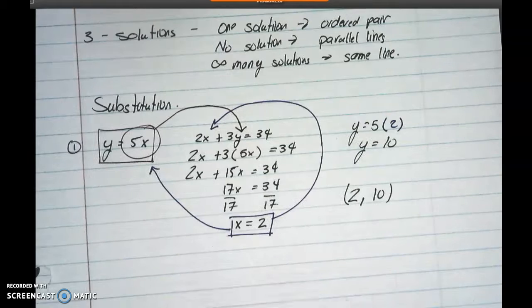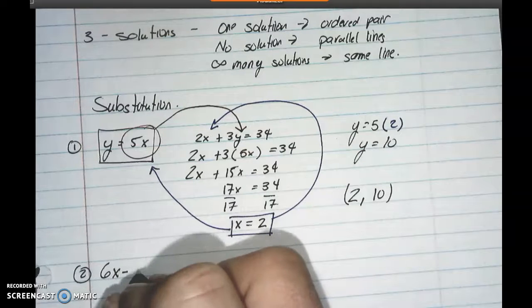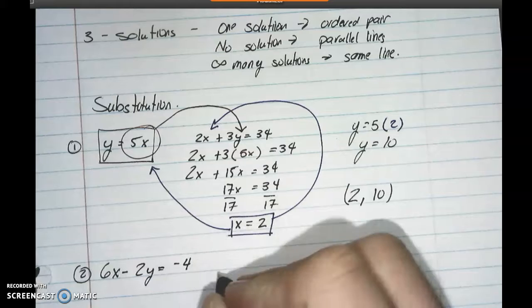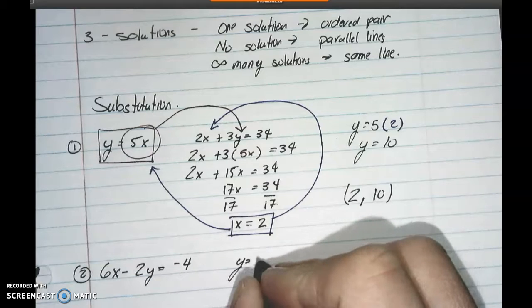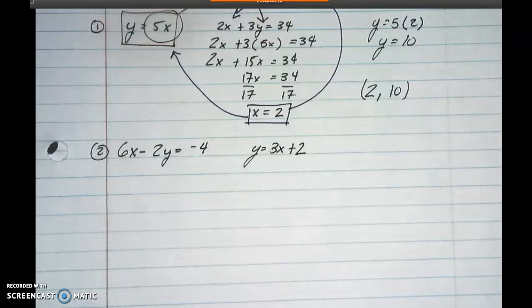Okay, so then our second example, we're going to have 6x minus 2y is equal to negative 4, and then I'm going to have y is equal to 3x plus 2, all right? So then what I'm going to do with those is the same thing.